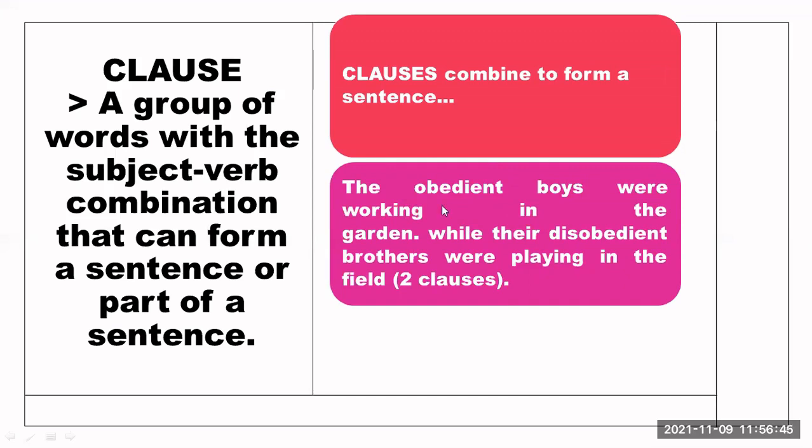The first 3 phrases, the obedient boys were playing in the garden, formed the main clause. So we can call this first one the main clause, MC. Now, while they are disobedient brothers, all right?